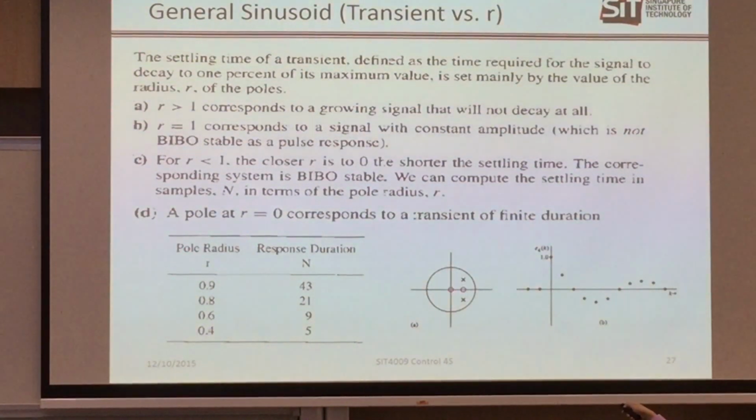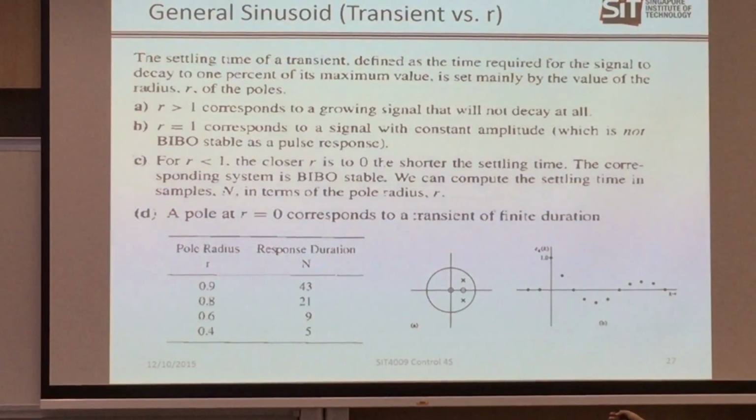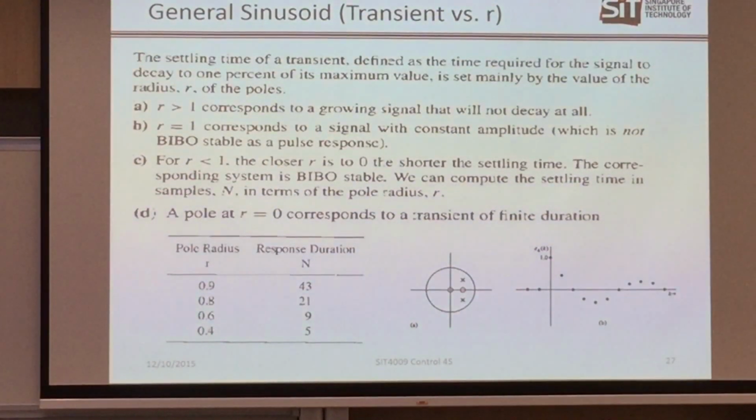The closer the root is to the origin, the faster your settling time is, and the fewer samples you need. So for example, if your root magnitude is about 0.9, you need about 43 samples. But once you come to 0.4, you will only need about 5 samples.